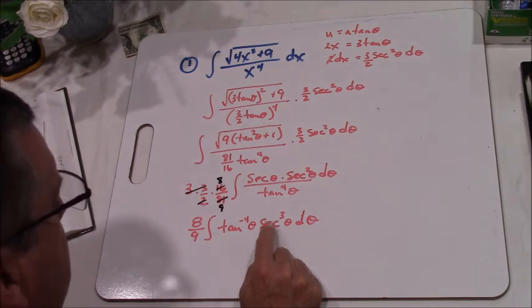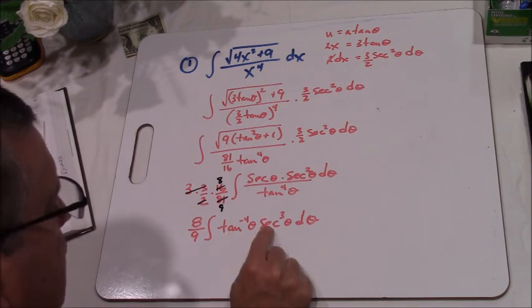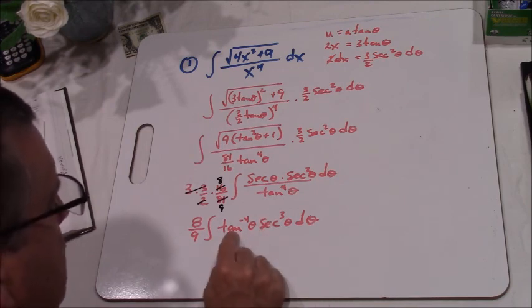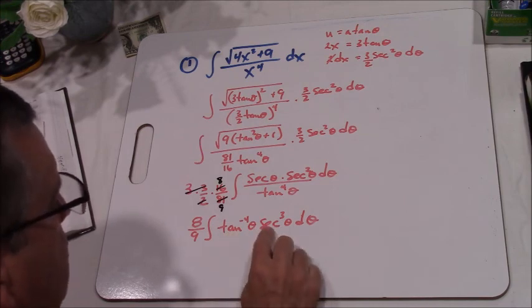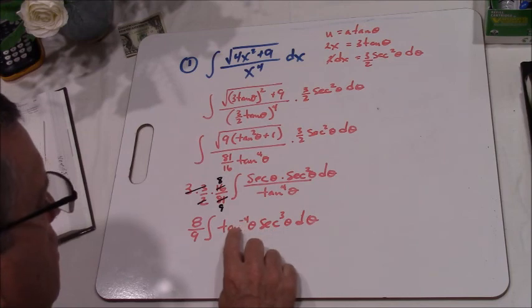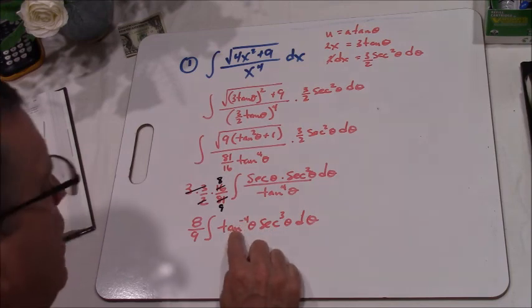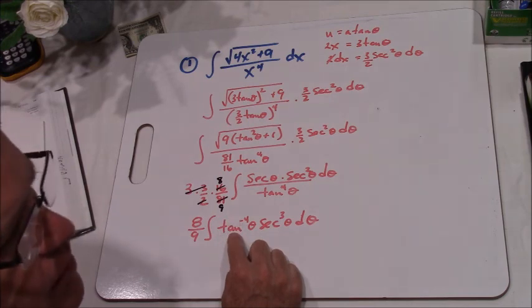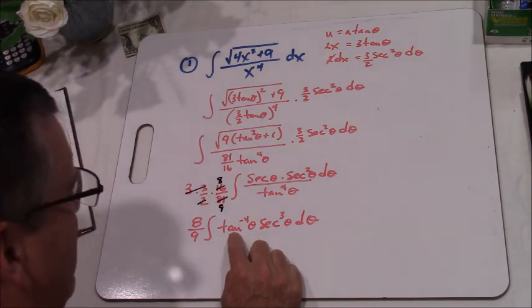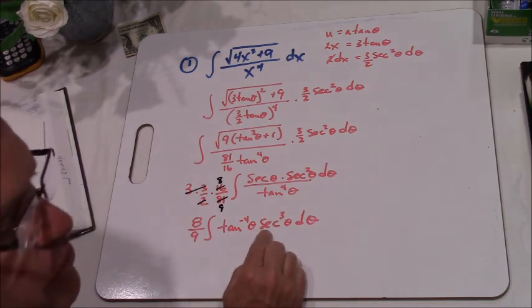And the answer is no. If I see, the derivative of secant is a secant times a tangent. So if I kind of pulled that out, I would have a secant squared. This would be a tangent to the negative fifth. And can I convert tangent to the negative fifth into secants? No, I can't. So maybe I should go sines and cosines.